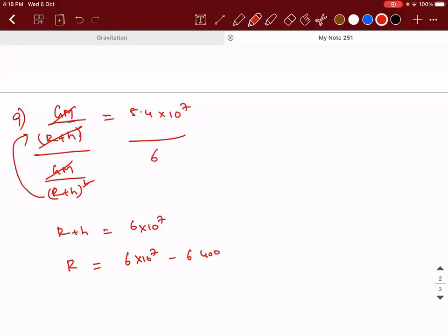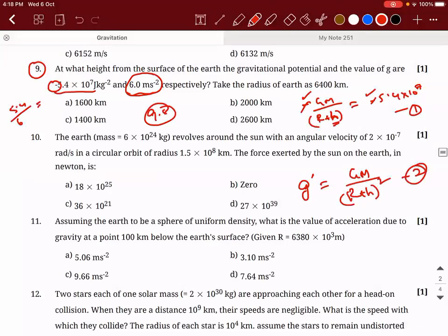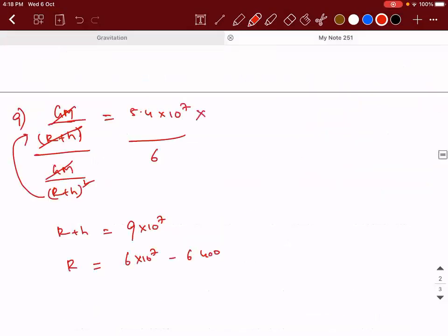So it will be 9 into 10 power 7. But what has happened is this is in terms of joule per kilogram square. So I have to convert it to meter into 1 divided by 10 power 4. So this will become 10 power 3. So 9 into 10 power 3.